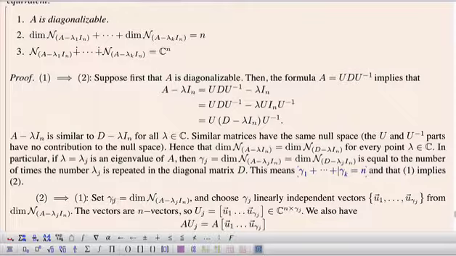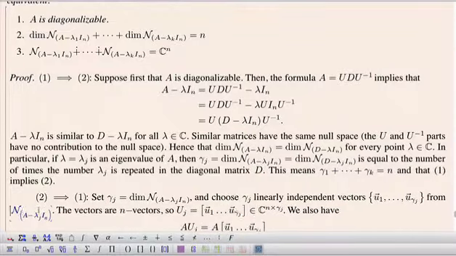We set the gammas to be the dimensions of the null spaces of A minus lambda j I_n, the geometric multiplicities, and then we choose gamma j linearly independent vectors u1 through u gamma j from this null space, not the dimension, but the null space. So basically the basis vectors from the null spaces.